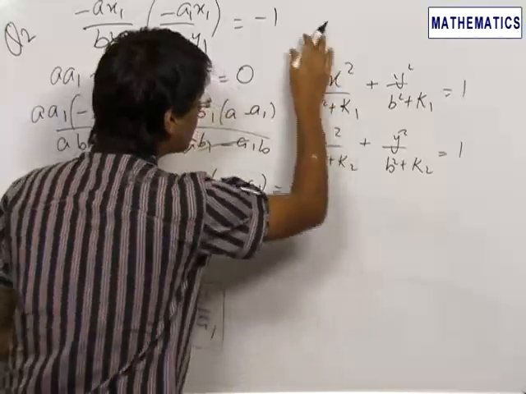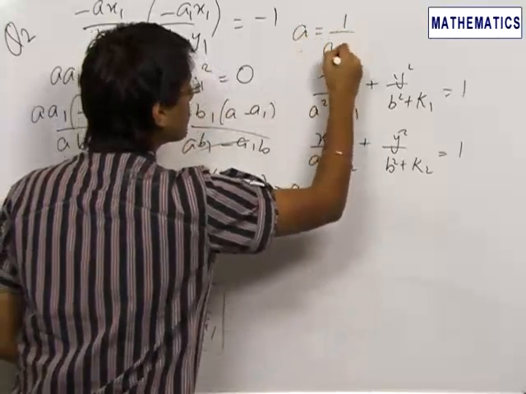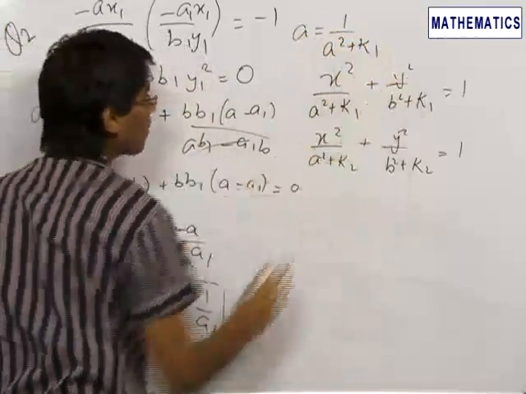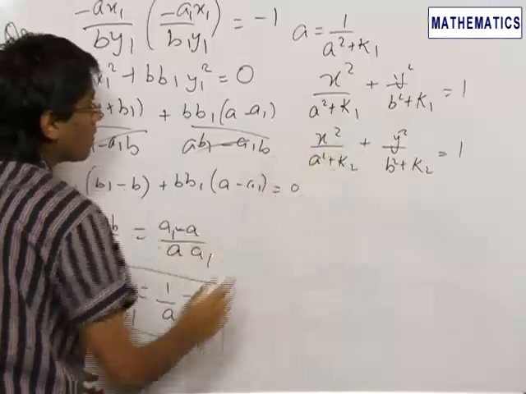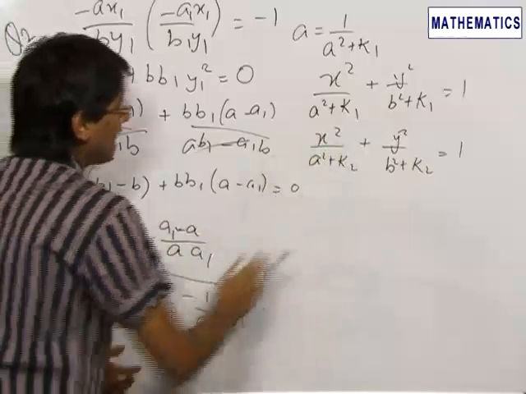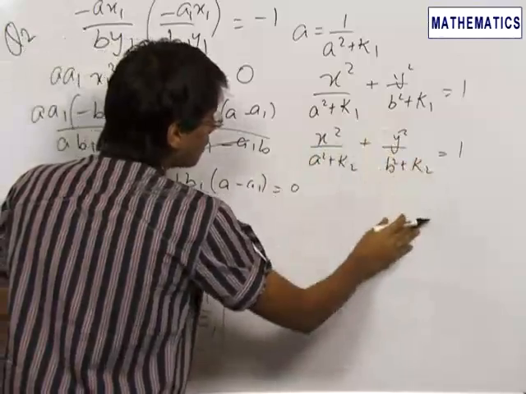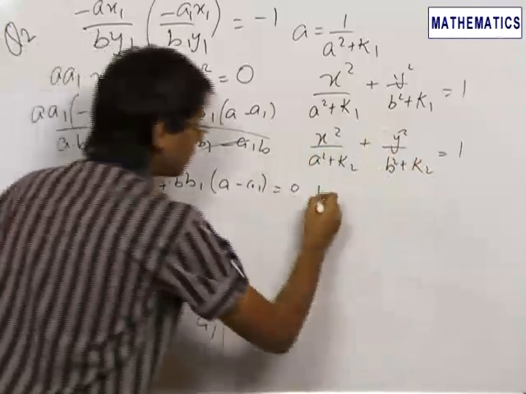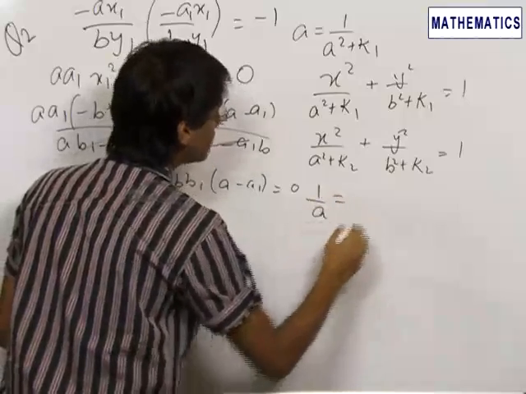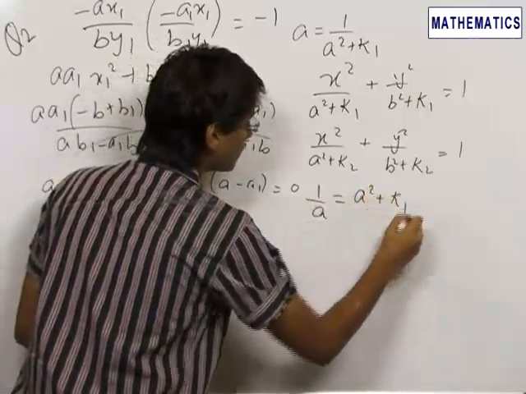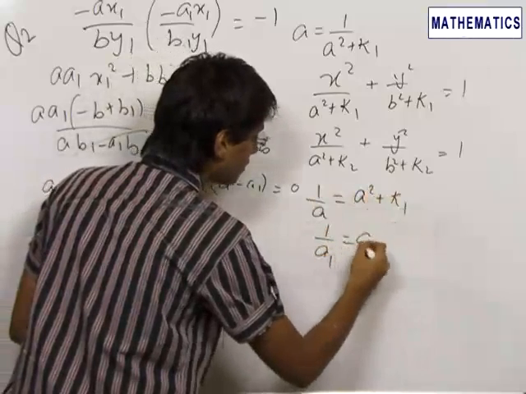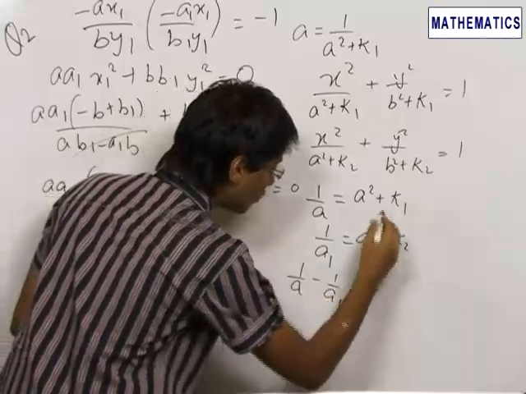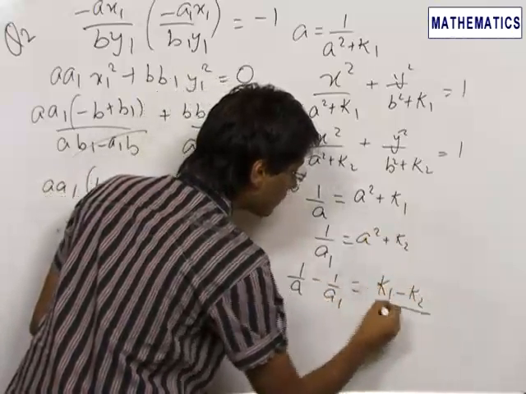Our a in this case is 1 upon a square plus k1, and our b is 1 upon b square plus k1, and similarly a1 is 1 upon a square plus k2, and b1 is 1 upon b square plus k2. Hence 1 upon a in our case is a square plus k1, and 1 upon a1 in our case is a square plus k2. So 1 upon a minus 1 upon a1 is equal to k1 minus k2.